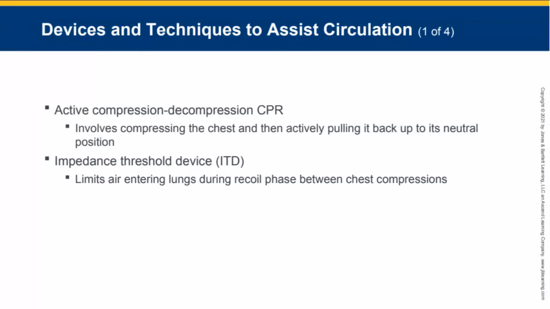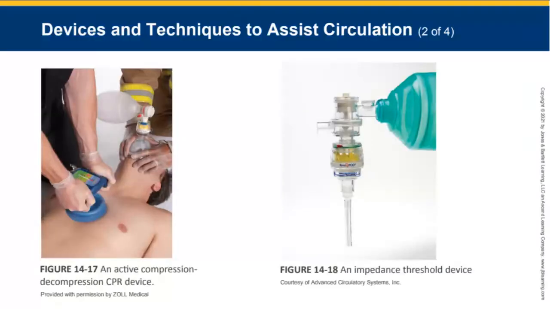You have the impedance threshold device, ITD, which limits the amount of air going into the lungs when the chest recoils from chest compression. And this helps to improve circulation. You can definitely read up on these devices. So the one on your left is the compression device that creates active compression and decompression.